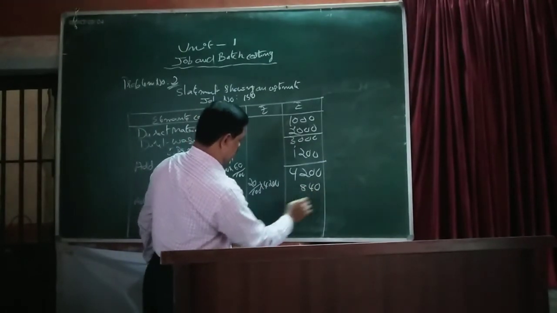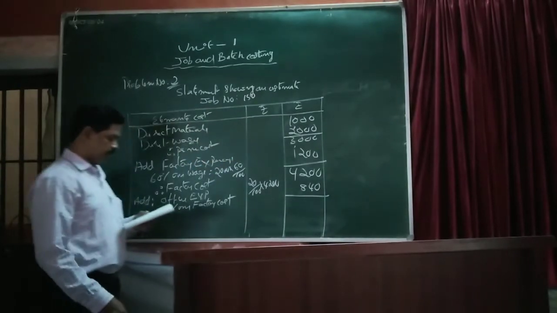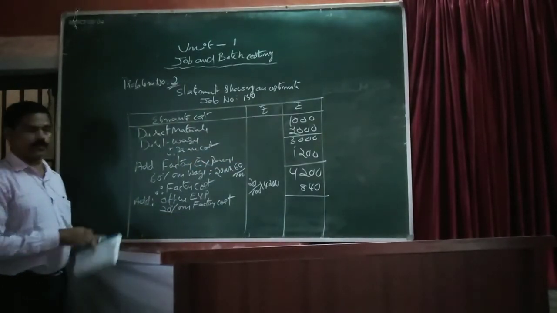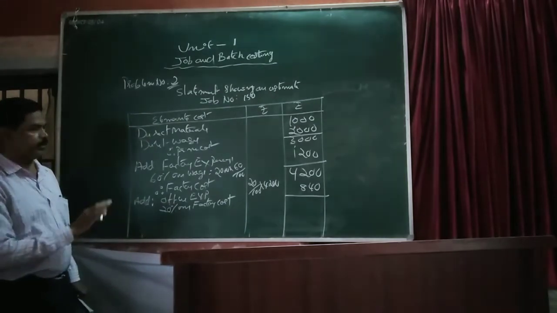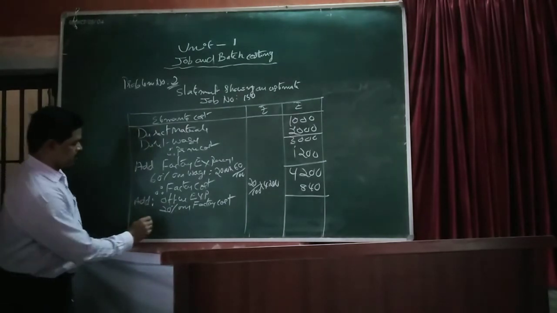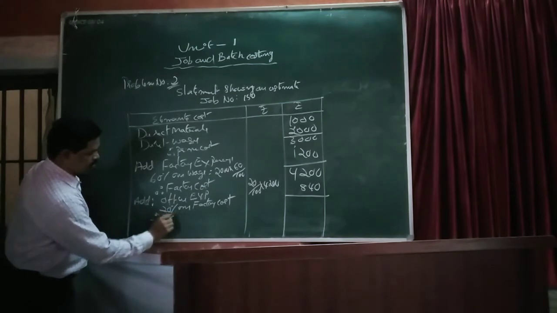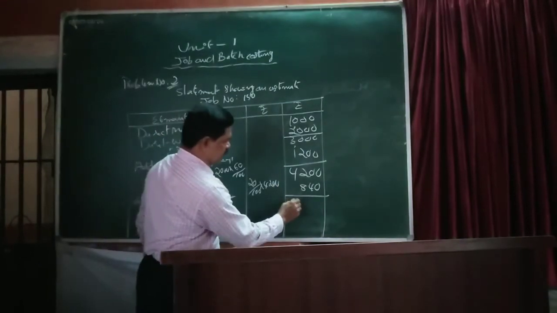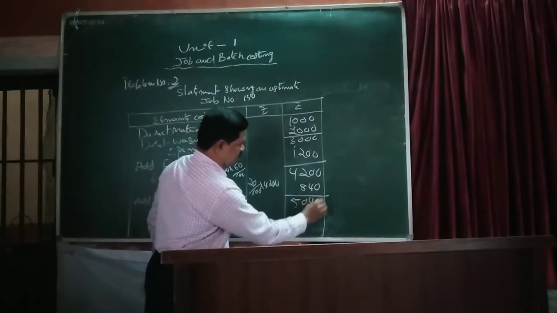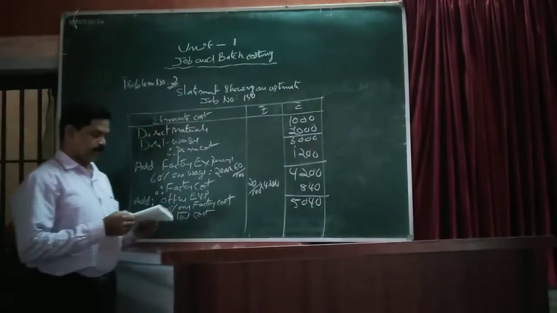So after adding this, we get no other expenses here. If selling and distribution expenses are there, we have to calculate that. There are no selling and distribution expenses. So therefore, this is the total cost, 5,040. 5,040 is the total cost.